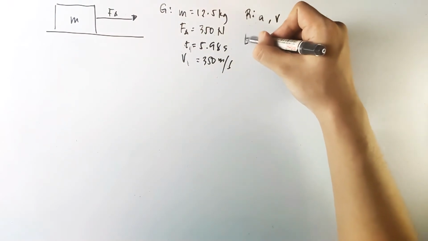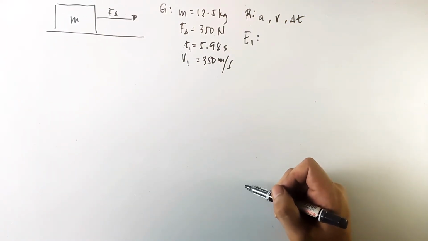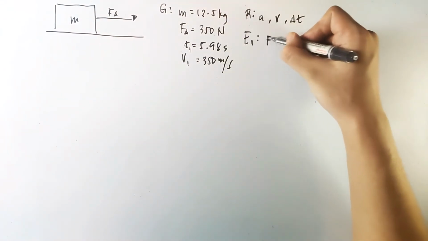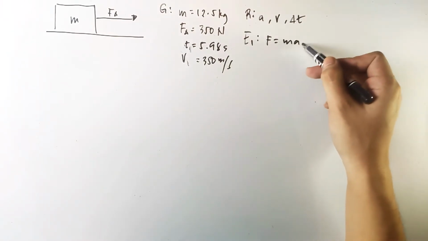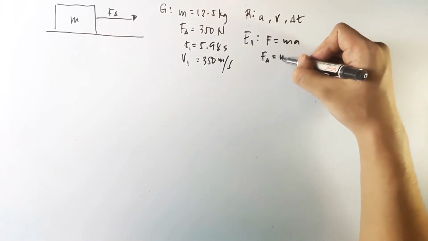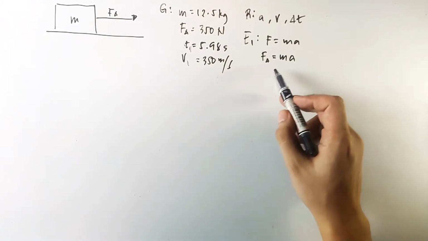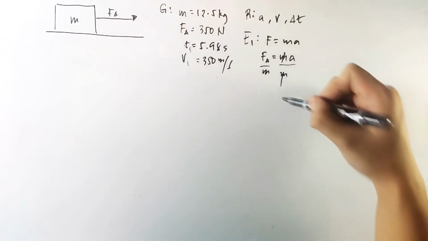For our first equation, we're looking for the acceleration, so this is easy. F is equal to ma. Since we're looking for acceleration, we can reframe this as F sub a is equal to m times a. Then divide both sides by m, since what we need is a.